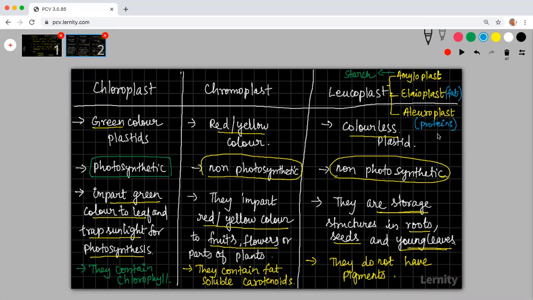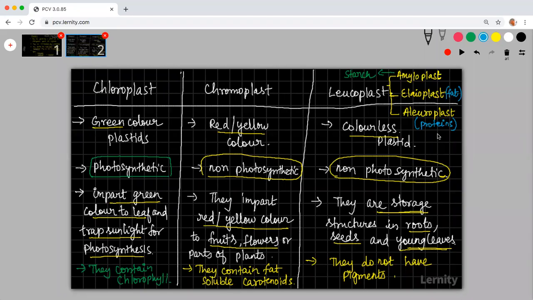Whenever a leucoplast is storing starch or carbohydrate substance, we call it amyloplast. Whenever it is storing fats, we call that leucoplast elioplast. And then we have a protein storing leucoplast, which we call aleuroplast.